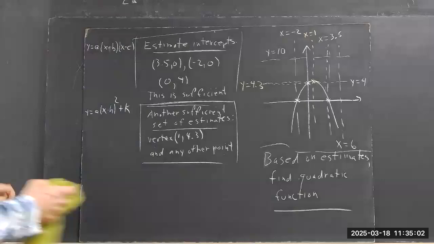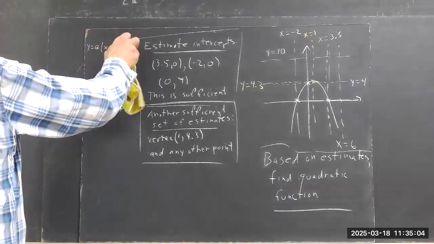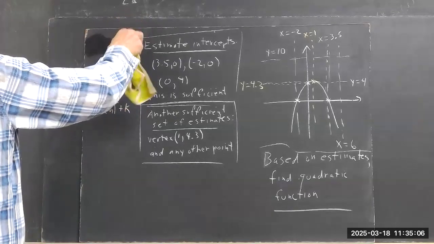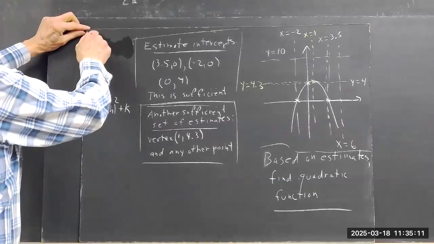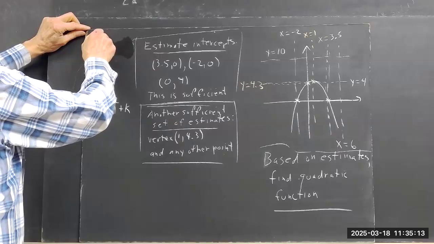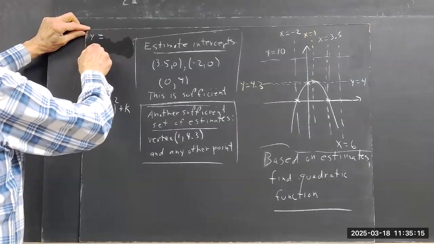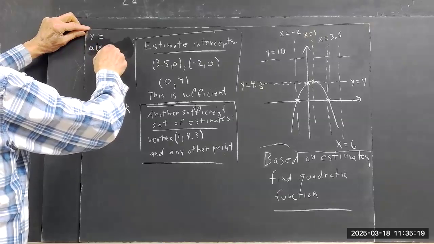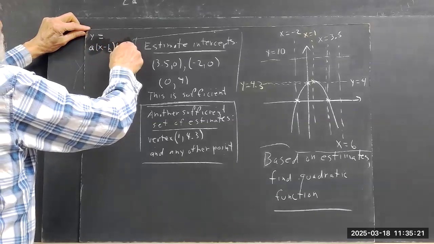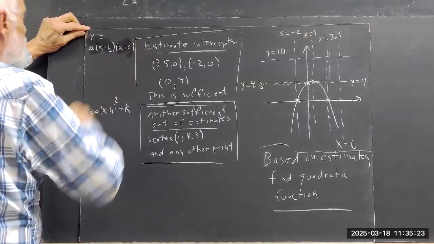Let me see if I can write this one a little more clearly. I'd like you to be able to see it. y equals a times (x minus b) times (x minus c).